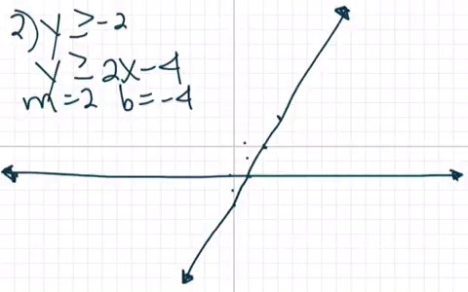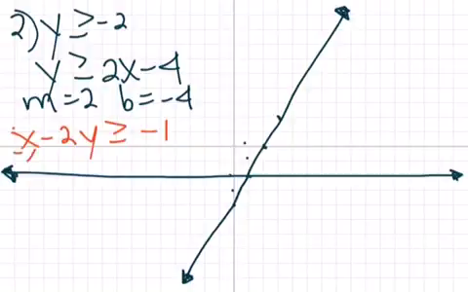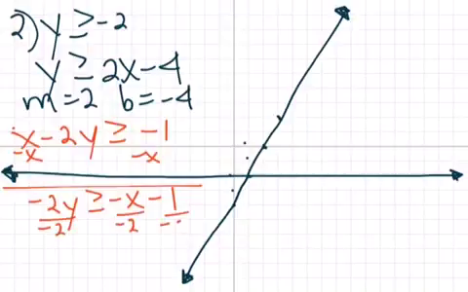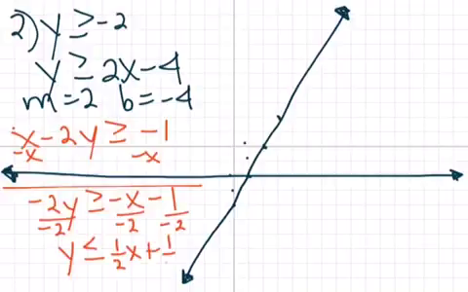Then the next equation has x minus 2y is greater than or equal to negative 1. Subtract x from both sides. So negative 2y is greater than or equal to negative x minus 1. We have to divide everything by negative 2 because we want y by itself. So we have y, and we have to put less than because we divided by a negative, 1/2 x plus 1/2.